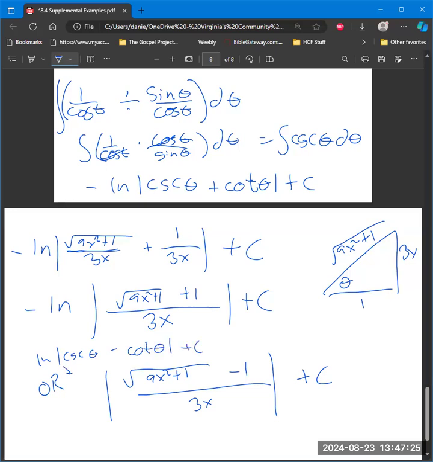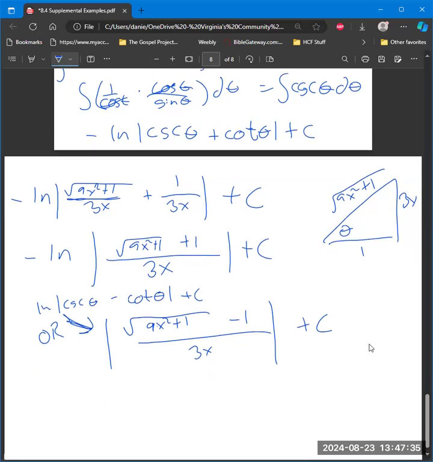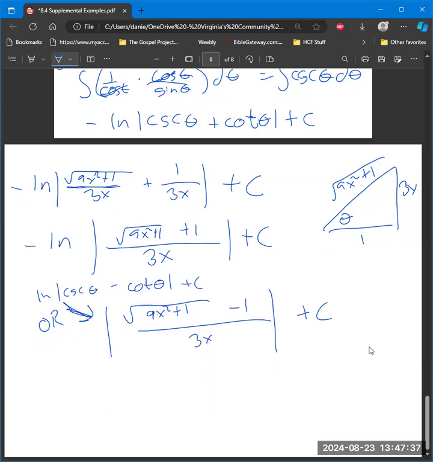It would have led to an answer that looked like that, but this and this are exactly the same. So there you go. They only vary by a constant, if anything.